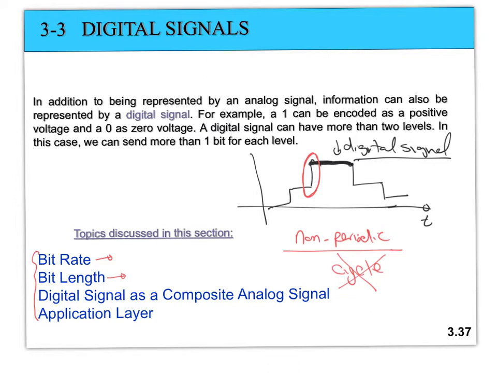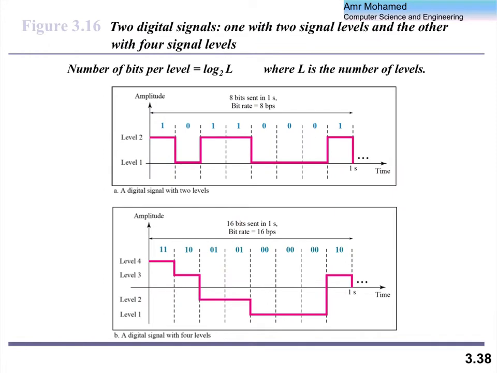And we need to talk about the representation of the digital signal as a composite analog signal. We talked about the fact that any signal can be represented using simple sine waves, including digital signals as well. However, we will see what the challenge is for the case of the digital signal.